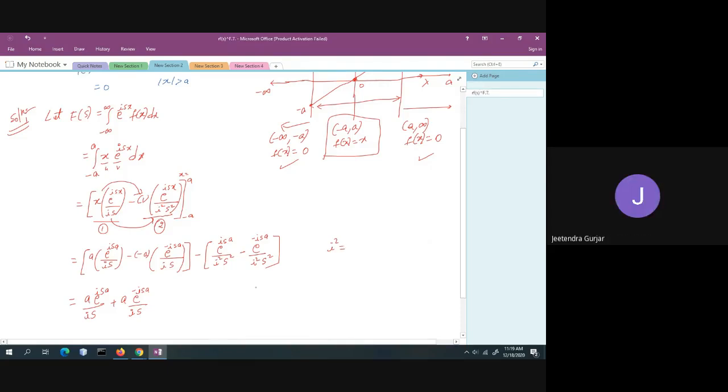Yes, very good, it is minus 1. So minus 1 is here. I will substitute minus 1 here. Minus 1 into minus 1 will become plus e raised to i s a divided by s square, because i square is equal to minus 1.